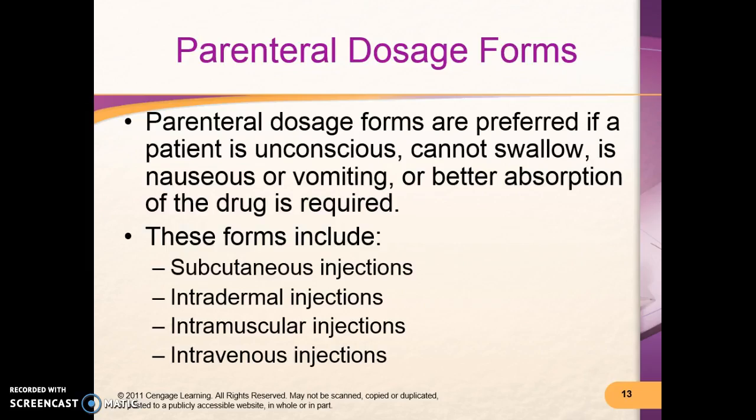Now, parenteral dosages are best for those patients who maybe can't swallow, they've got nausea and vomiting, maybe they're unconscious. But the thing to keep in mind with the parenteral dosage forms is a lot of them are administered straight into the bloodstream, and so it's not easy to undo those doses. So if you make a mistake with a parenteral dosage, it's a lot more detrimental to our patient.